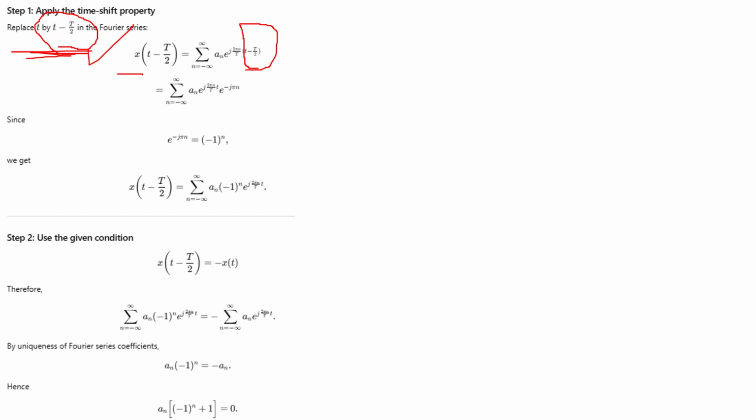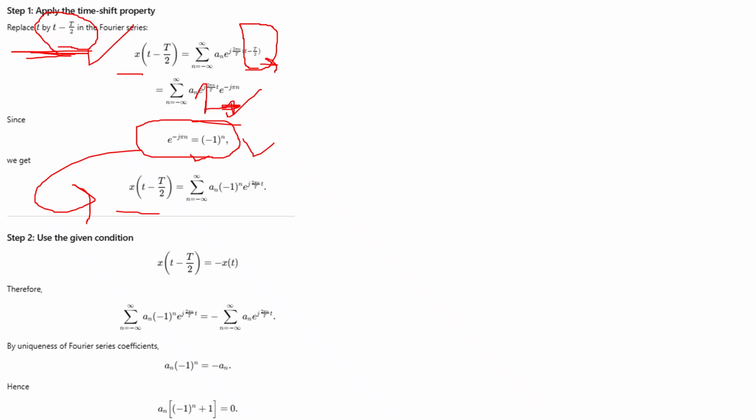So after shifting, you can use the exponential property and write like this: e to the power a plus b, then e to the power a minus b, you can write like that, right? And after writing this, you can use e to the power j theta is equal to cos theta plus j sin theta, right?